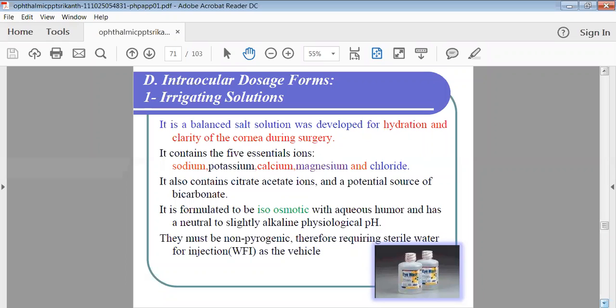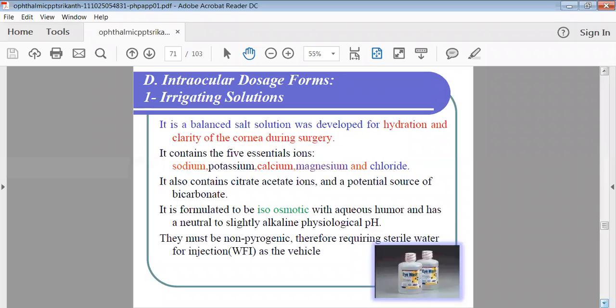So what are such intraocular dosage forms? The first example is the irrigating solution. During surgery we require this kind of irrigating solution, that's why they are called intraocular dosage forms. It is a balanced salt solution developed for the hydration and clarity of the cornea during surgery.